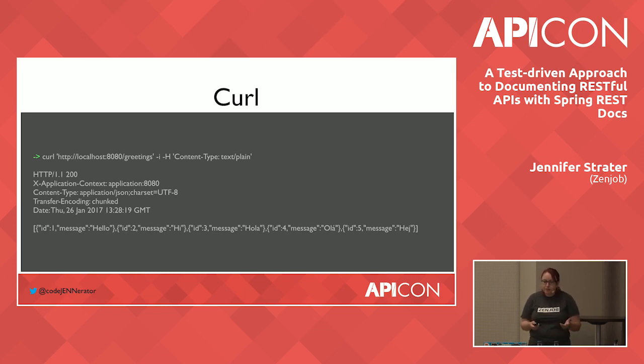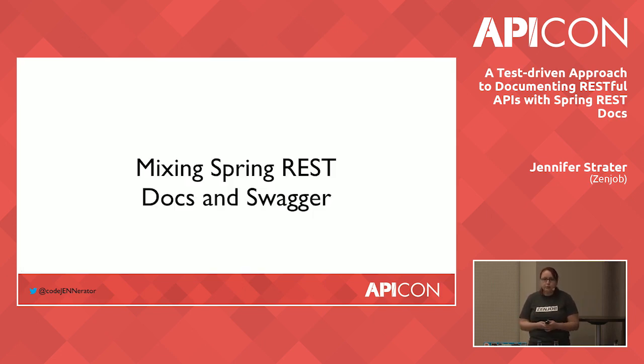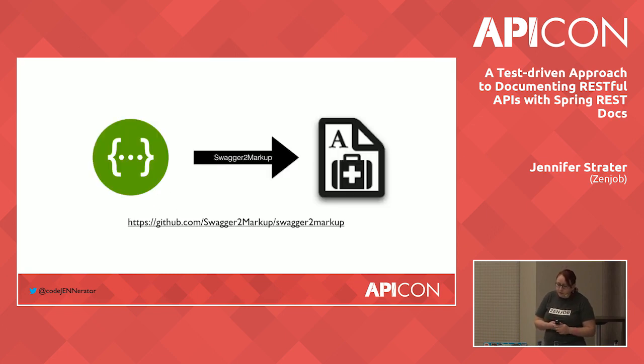So to transition maybe from Swagger to Spring Rest Docs, or if you like some features of one and some features of the other, you can mix and match. And there are two libraries that will really help with that. The first one is called Swagger2Markup. So if you really like Swagger, but you don't like that UI-centric approach, you can generate AsciiDoc or Markdown or any other flavor of front end.